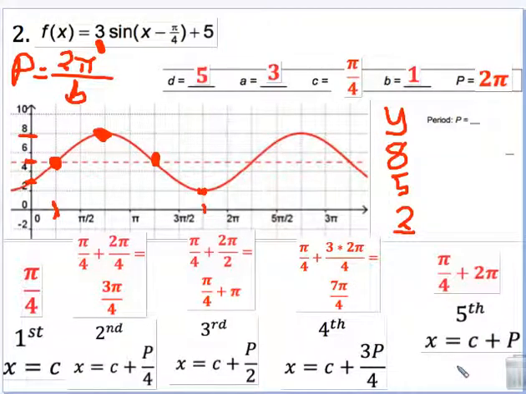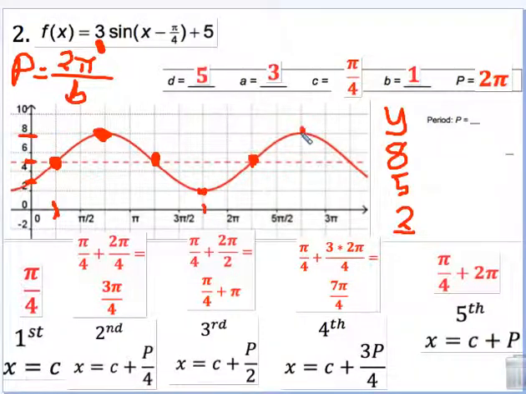Our fifth point is just our c value plus our period length, so 2 pi plus another pi over 4. Well, here's 2 pi, and then another pi over 4 would be here, and then we are back at the sinusoidal line. So the way your sine functions work when you're transforming it, you need to find these 5 points, and then you're just going to continue the pattern on.